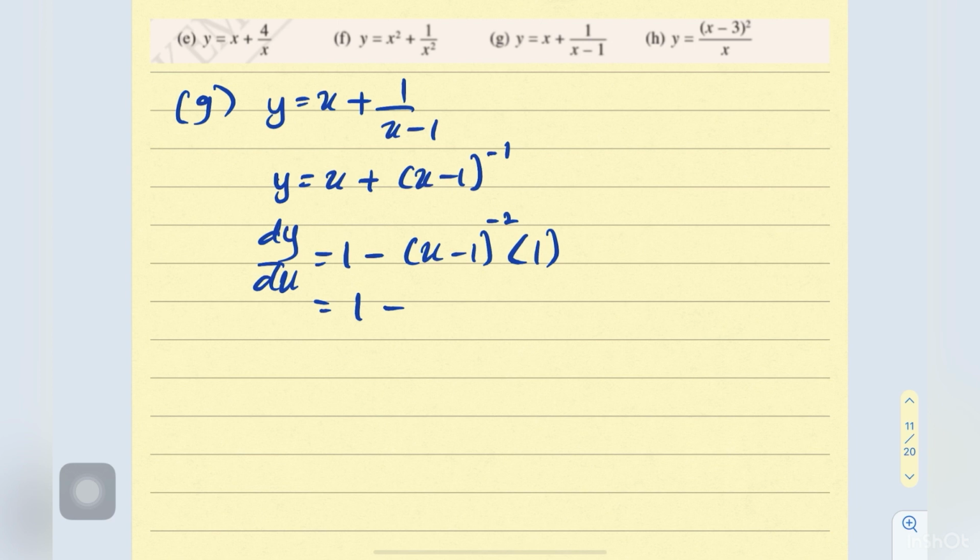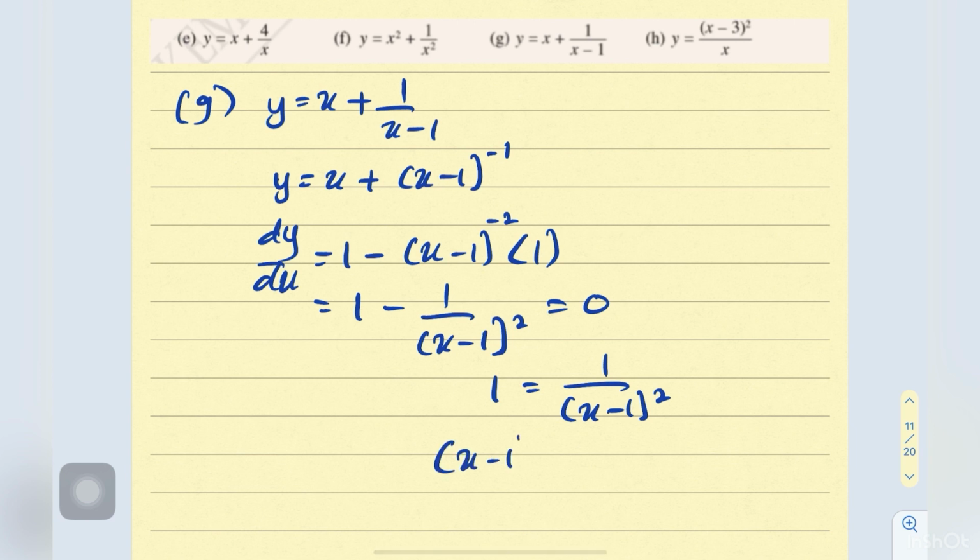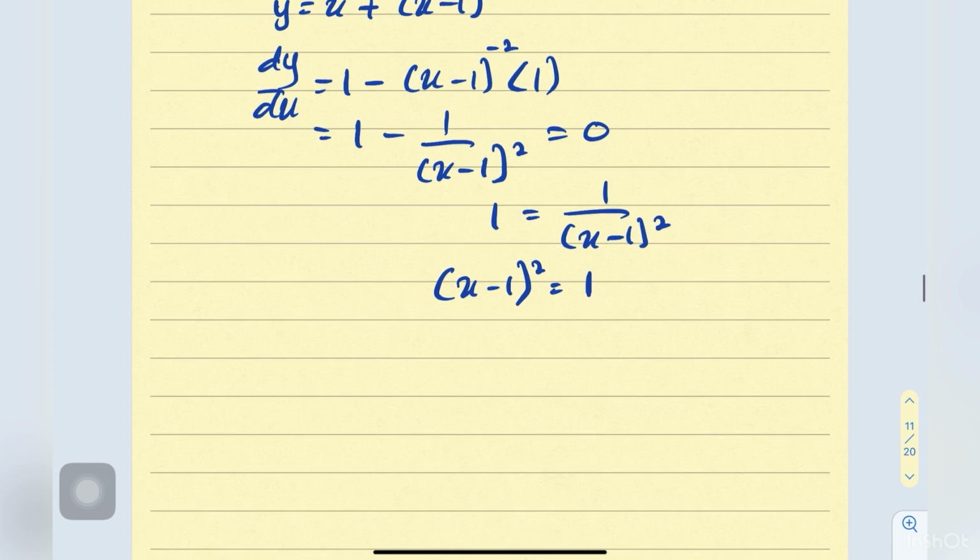So 1 minus 1 over (x minus 1) squared equals 0. So 1 equals 1 over (x minus 1) squared, so (x minus 1) squared is 1. Then x minus 1 equals plus or minus 1.